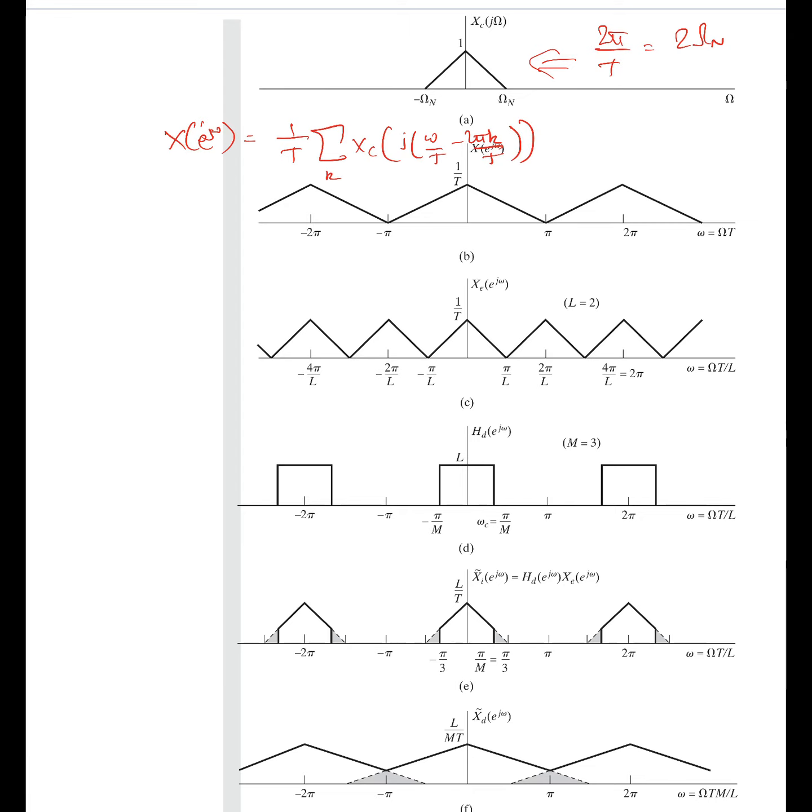This would be the discrete time Fourier transform of the continuous time signal, and it is plotted here.